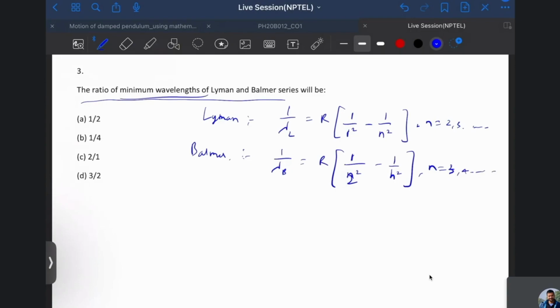Minimum wavelength means maximum energy, right? So for maximum energy, what should be the initial state for both? Should it be infinity or 2 or 3? What do you think?